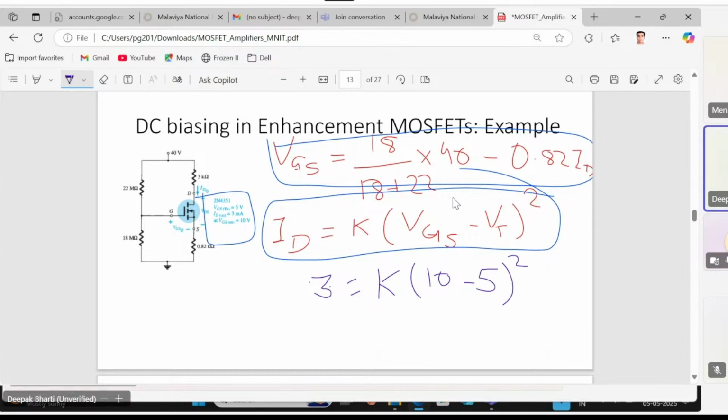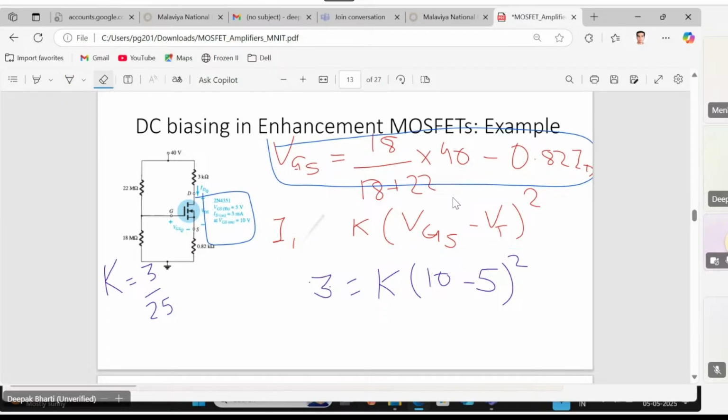So from here we can determine the value of K, which comes out to be 3 by 25. I'm writing it here. K we have determined as 3 by 25 milliampere per volt square. Okay, so this value of K we will be using again.